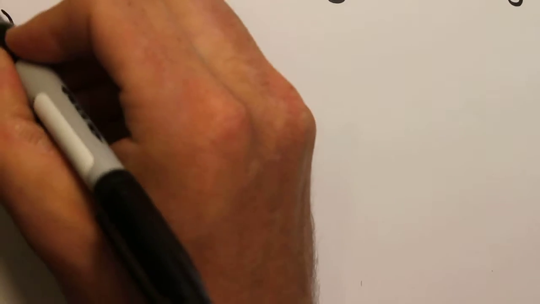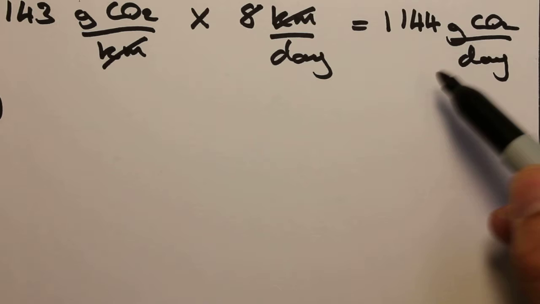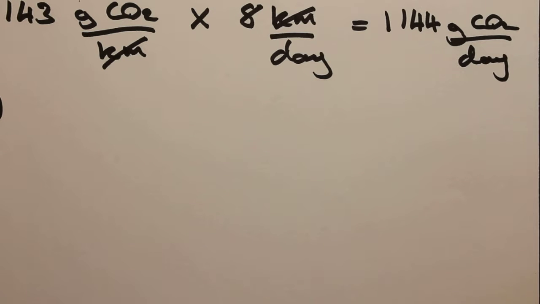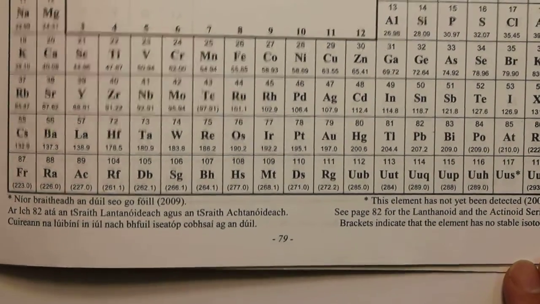Part 2. Now for part 2, we're looking for the number of moles of CO2. From the last part, we've got the grams of CO2, so now we need to convert from grams to the number of moles. To do that, we have to use the periodic table and the relative atomic mass of our atoms. The periodic table is on page 79 of your formula and tables booklet.